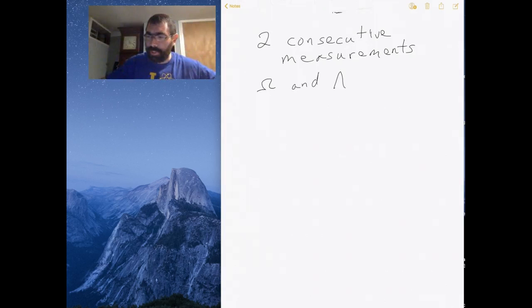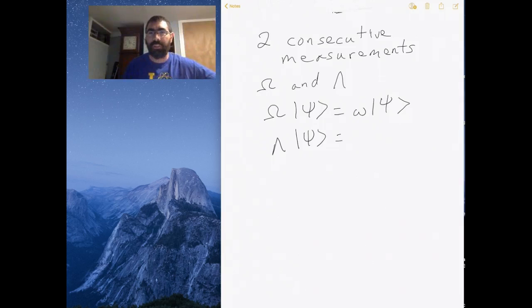Acting separately, omega operating on psi will give me the eigenvalue lowercase omega and then the state psi back. Or if I operate with lambda, then lambda operating on the state psi gives me an eigenvalue lowercase lambda and then the state psi back again.